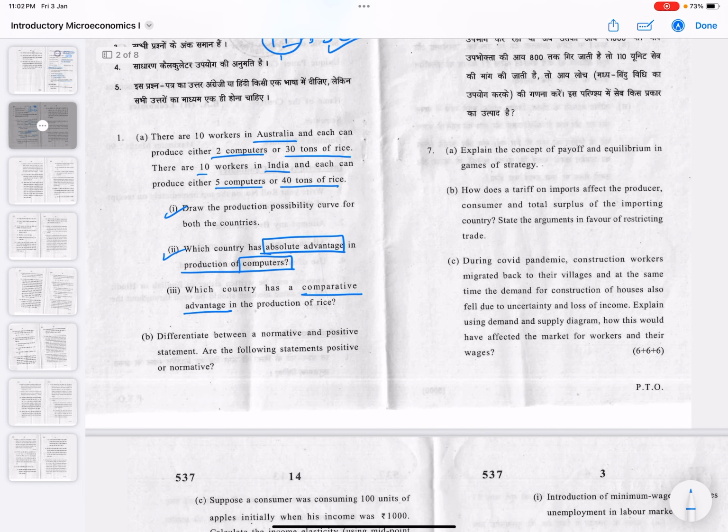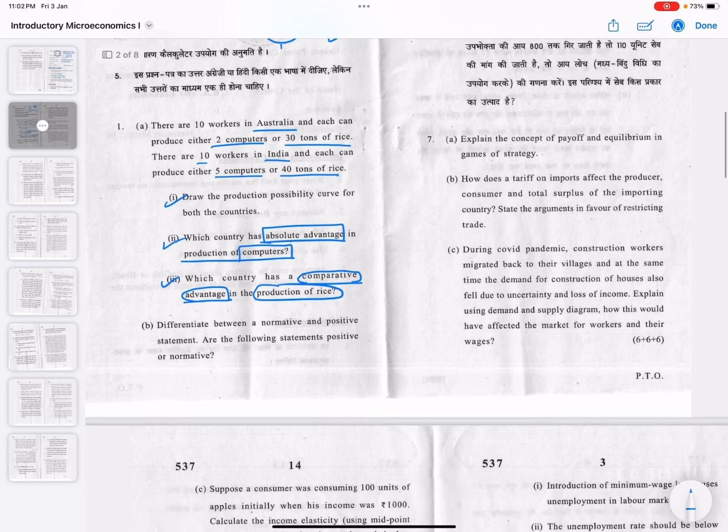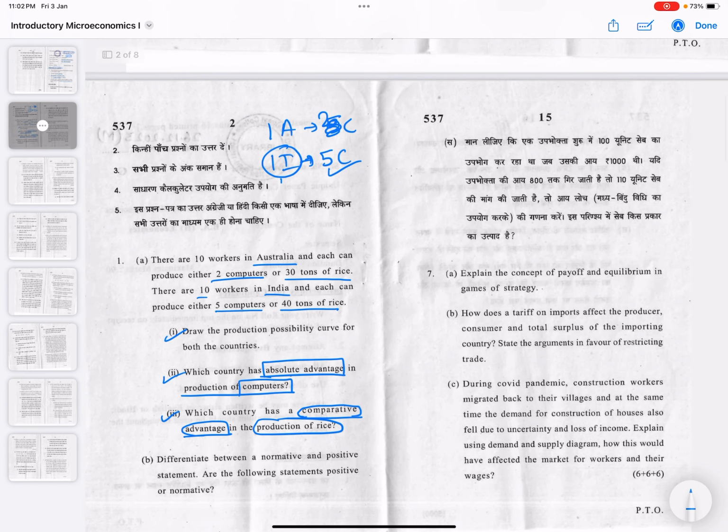Okay. Now coming to the C part, which country has a comparative advantage in the production of rice? Okay, now we'll see the opportunity cost. For an Australian worker, he can produce either 2 computers or 30 units of rice.